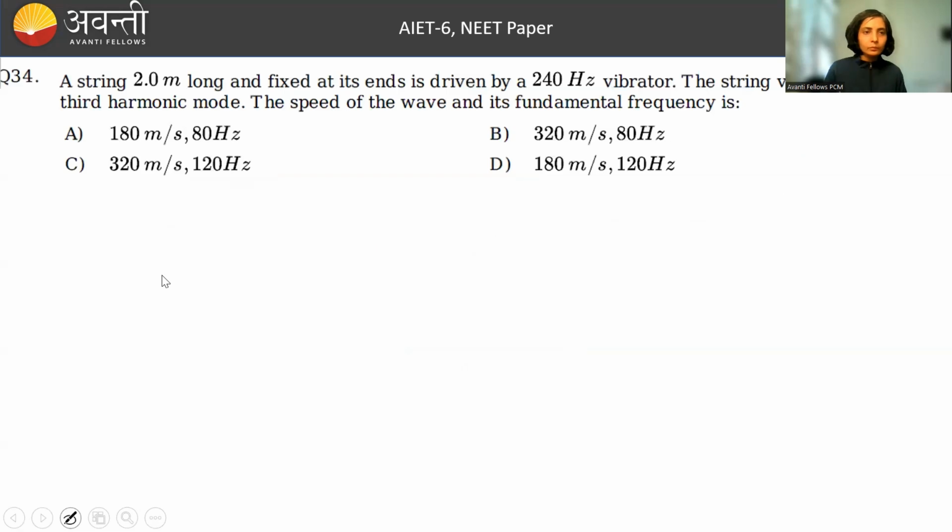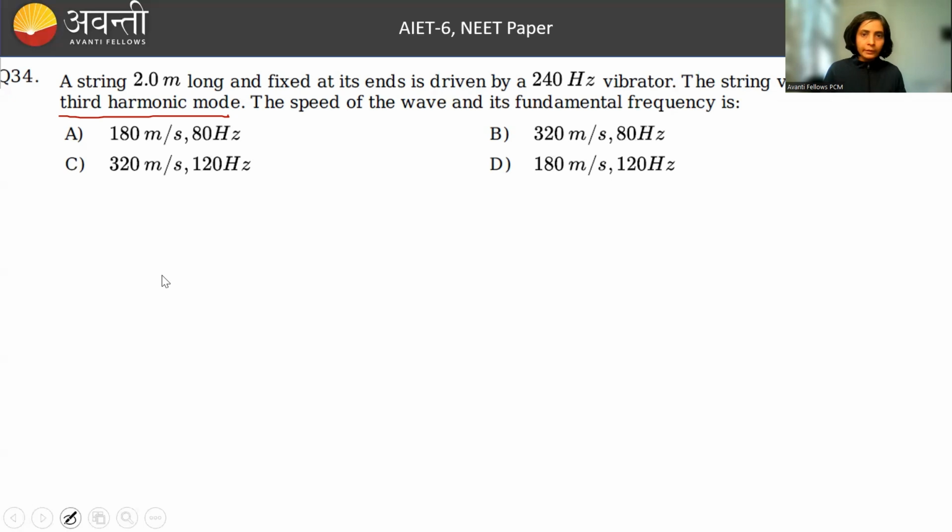Okay, now there is a string 2 meter long, fixed at its ends and driven by a 240 Hertz vibrator. The string vibrates in its third harmonic mode. The speed of the wave and its fundamental frequency are?